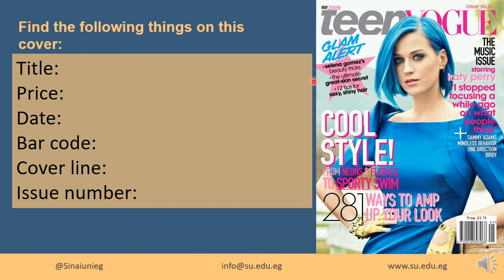Now I need you to take a look at this cover and try to find these things. The first thing we're going to find right now is the title, and it's always the easiest thing that you can find on a cover page. And on this cover, the title is Teen Vogue. What about the price? Can you find the price?